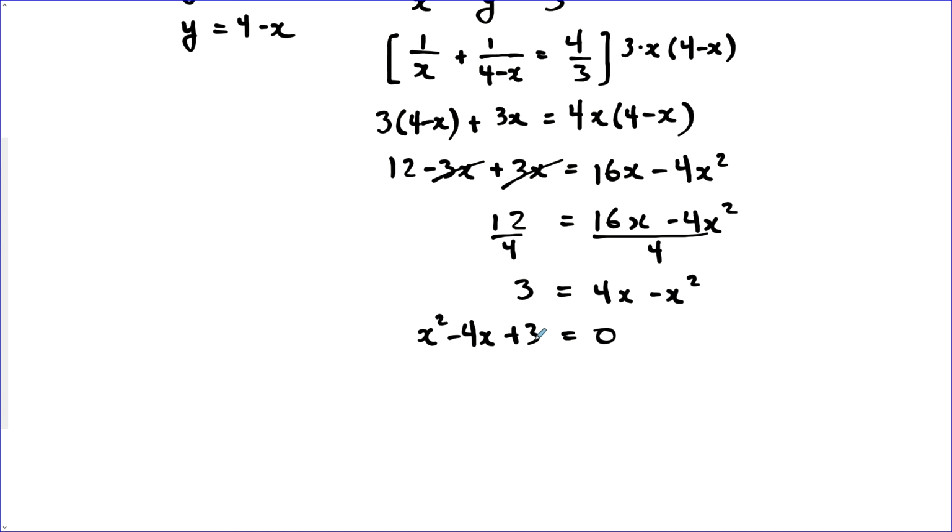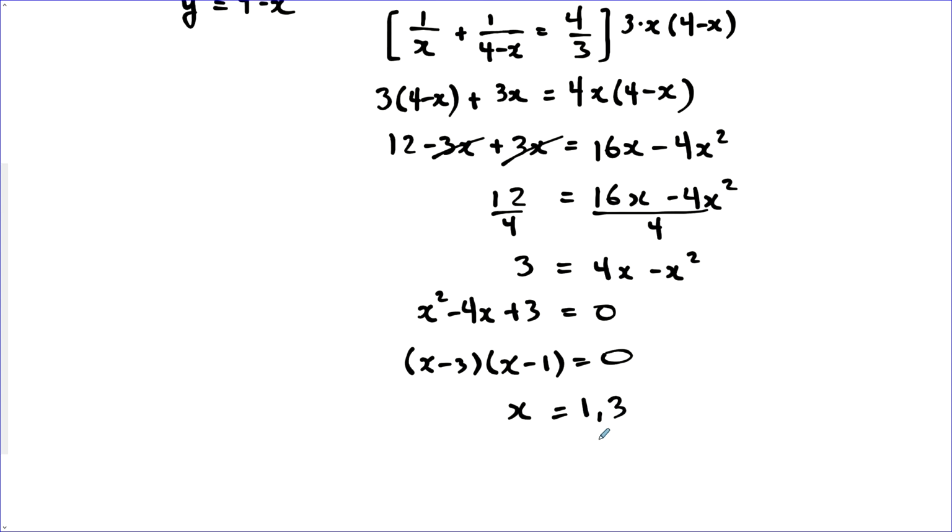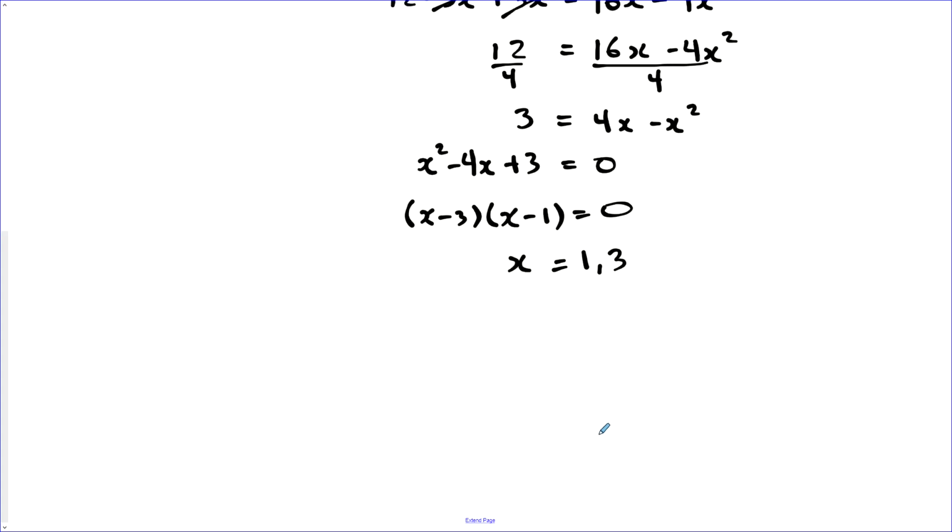I'm going to solve this quadratic by factoring it. x minus 3, x minus 1 equals 0. That means that x equals 1 and 3. So we found two potential solutions for x here. Now we need to find y.